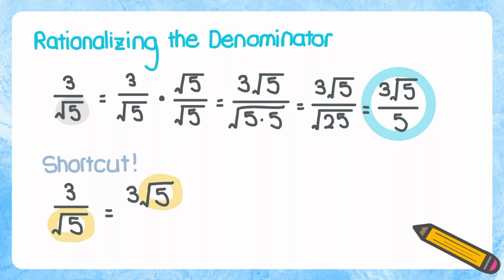So you write the radical with the numerator, and the denominator you just write the radicand down. So you just write whatever's inside that square root. So this is the little shortcut of rationalizing the denominator, and feel free to use this shortcut once you feel comfortable on how to use it. Alright, so let's take a look at some examples.